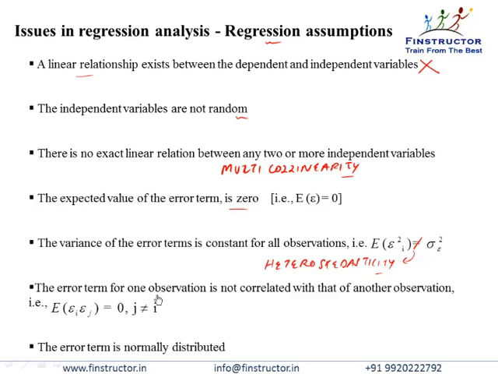The error term for one observation is assumed to be not correlated with that of any other observation, or there is no autocorrelation or serial correlation. And finally, the error term is assumed to be normally distributed. So a few of these violations we'll study in detail, and we'll see what happens because of these violations and how we can correct for them.